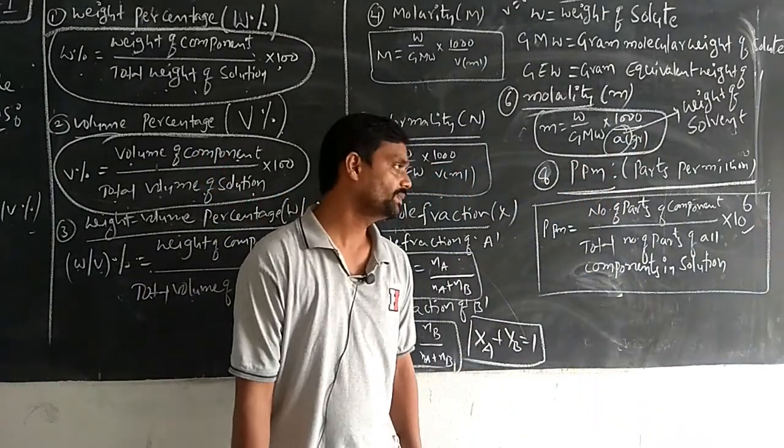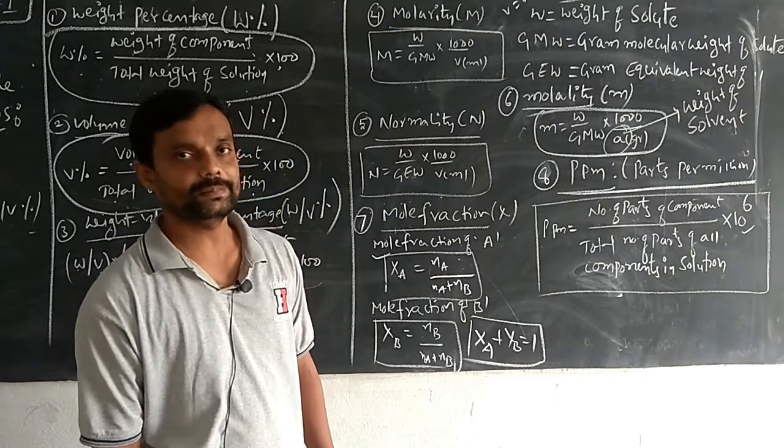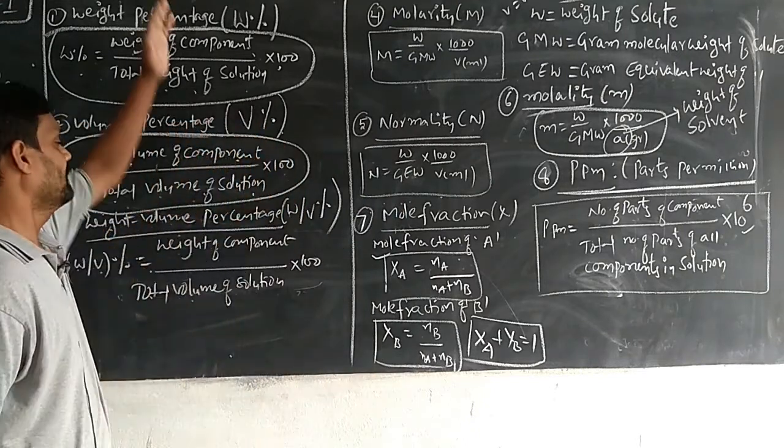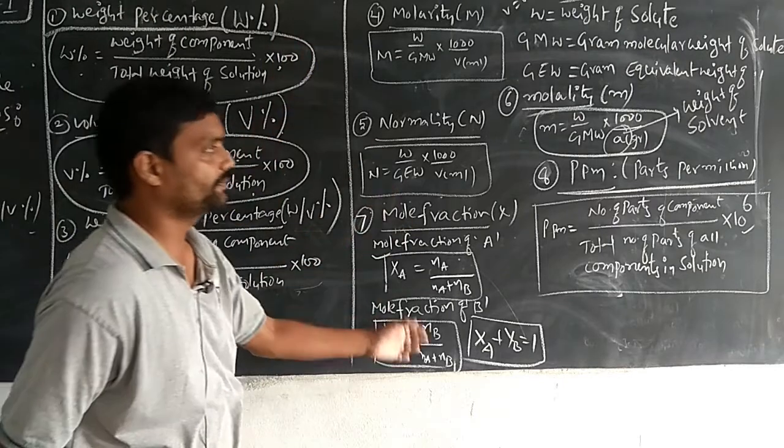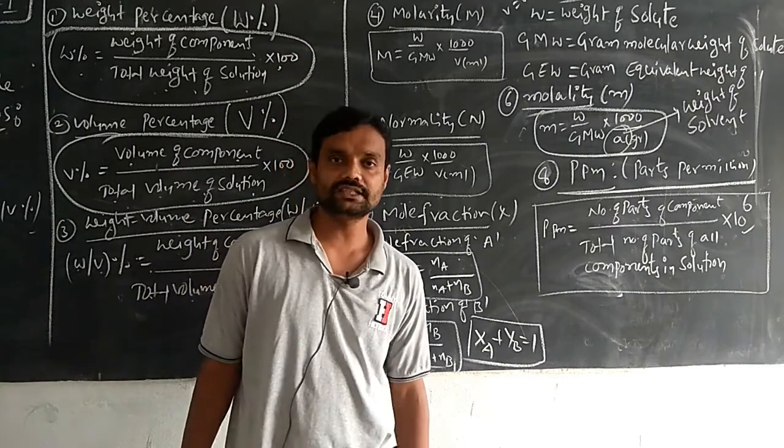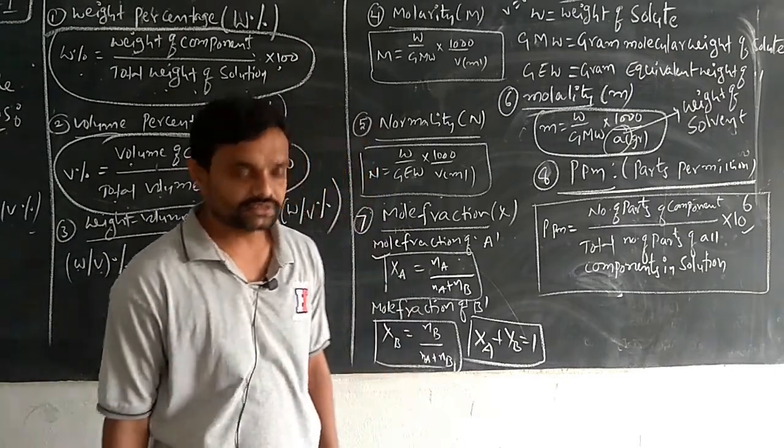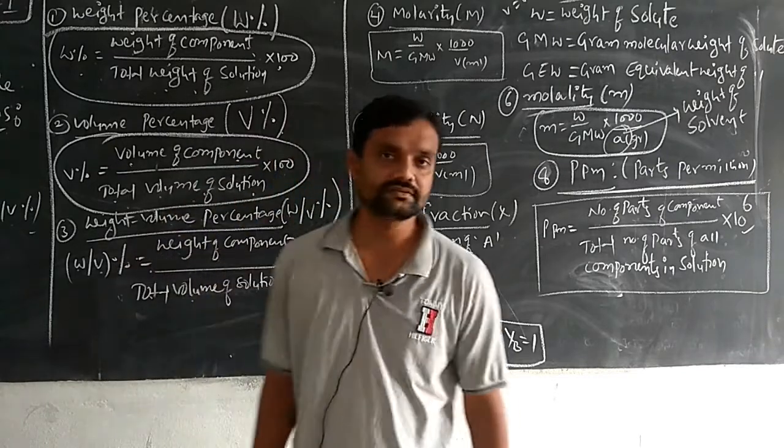Then we get the ppm, parts per million. So these are the different methods for measuring the concentration of a solution.